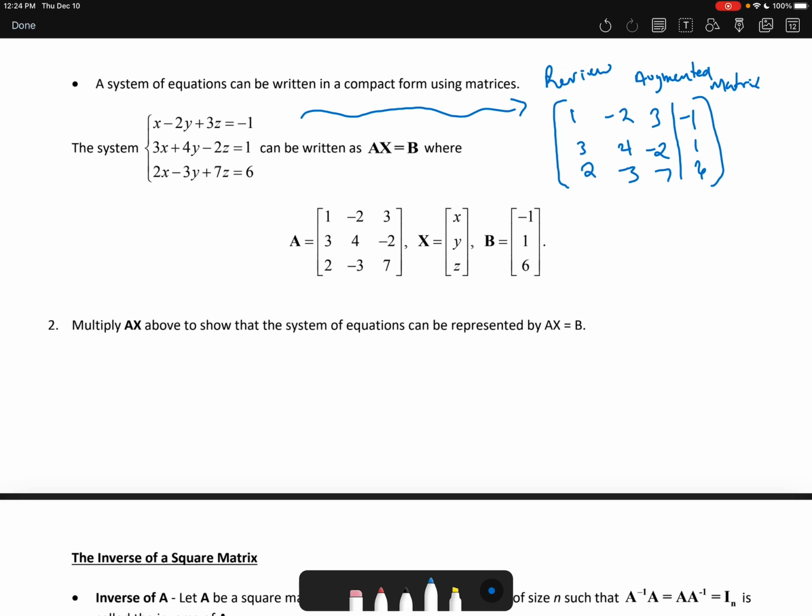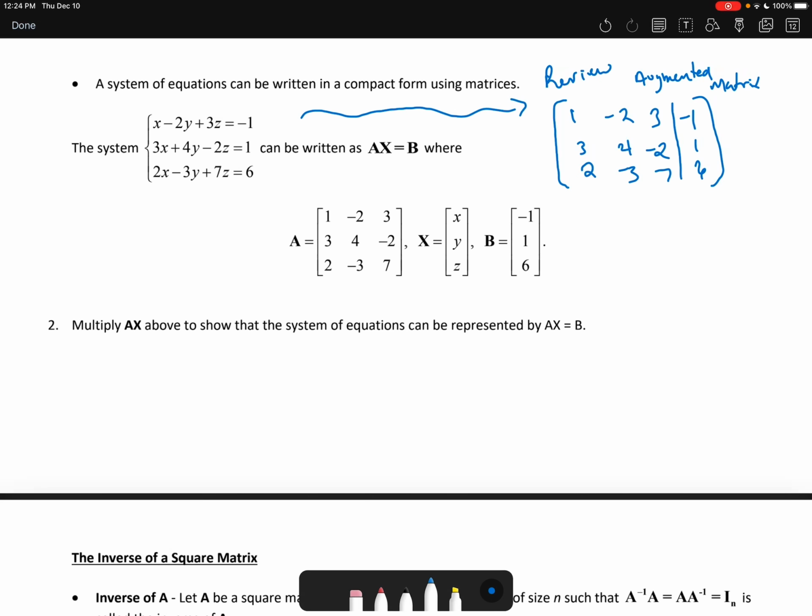So A is the coefficient matrix with all the coefficients that were on the left-hand side. The matrix X, capital X, are the variables, x, y, and z in this case. And then our final matrix B are the constants that are on the other side. So this says multiply A and X above to show that this system of equations really works.